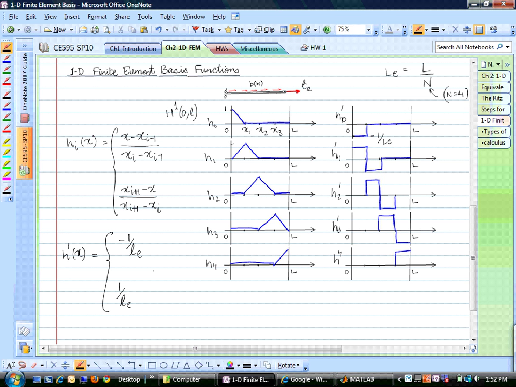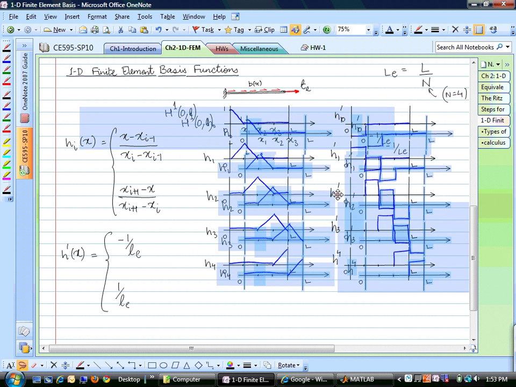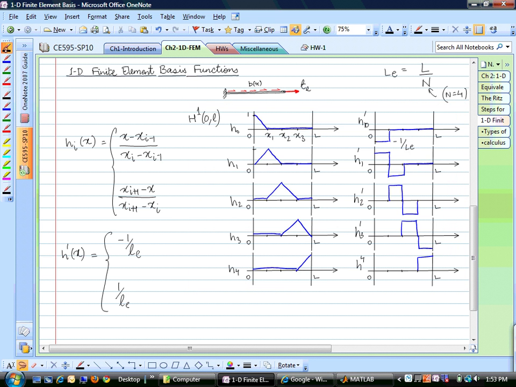I'm running out of space here a little bit, so if I shift this, okay, this is in the region when x is an element of xi minus 1 to xi, and this is in the region where x is in xi to xi plus 1.